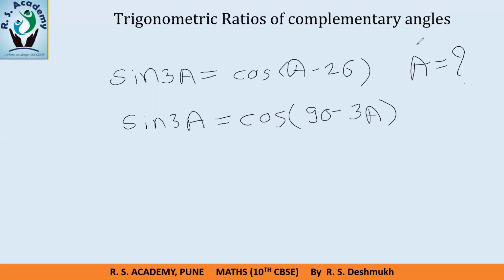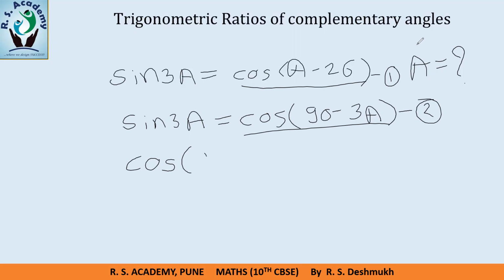But now from these two equations, I can say cos of a minus 26 is equal to cos of 90 minus 3a, because I know the value of sine 3a. I put this value in equation 1. So it will become cos of 90 minus 3a is equal to cos of a minus 26.